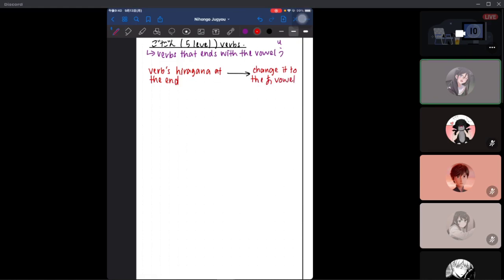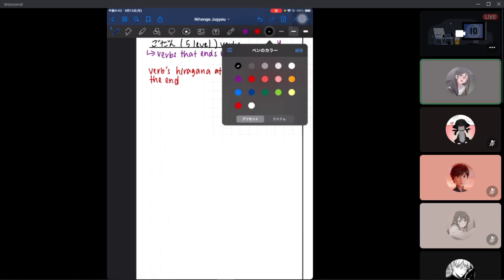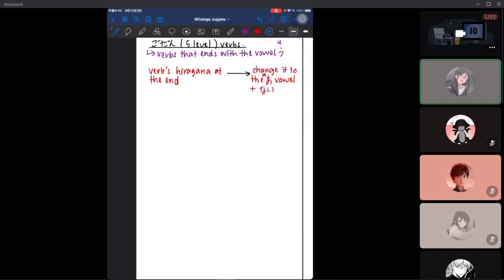A vowel plus nai. This one is the A vowel plus nai. So you guys might be a bit confused, you cannot imagine how it'll be, so I'll show you an example.